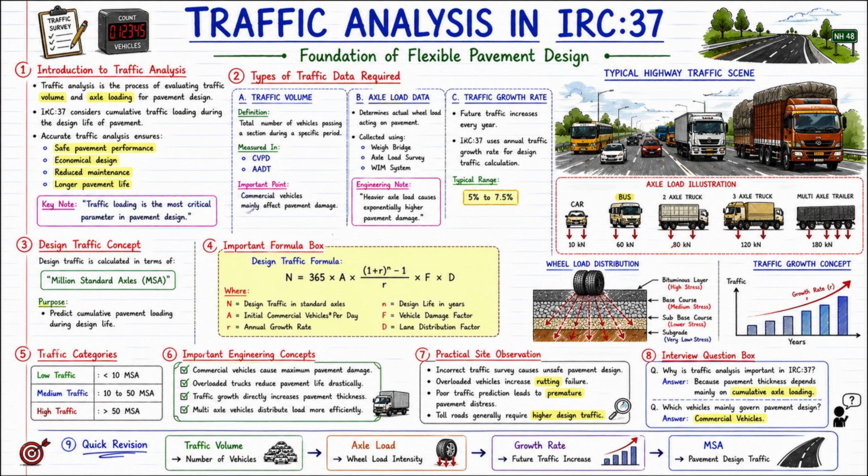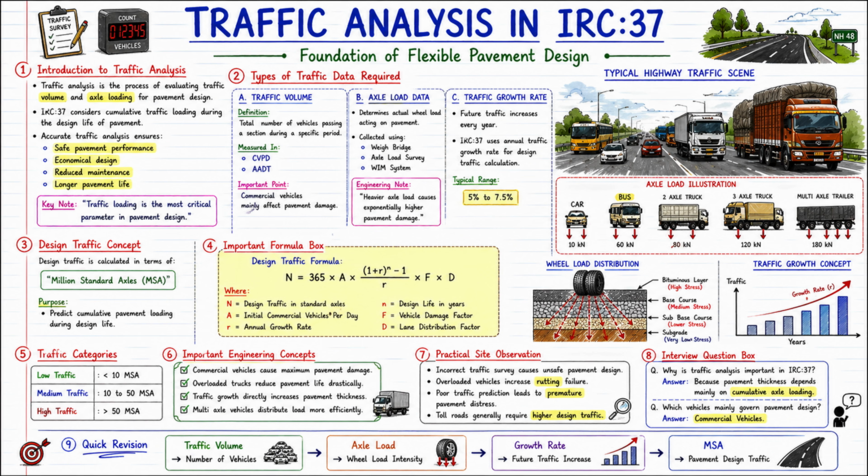Now the benefits are given below. Accurate traffic analysis ensures safe pavement performance, economical design, reduced maintenance, longer pavement life. Now imagine, if the actual traffic turns out to be high and the design is done for low traffic, quick rutting, fatigue cracking and settlement will start.